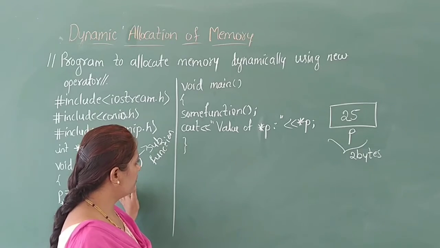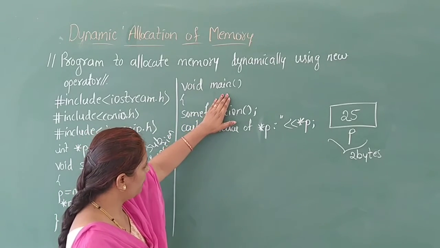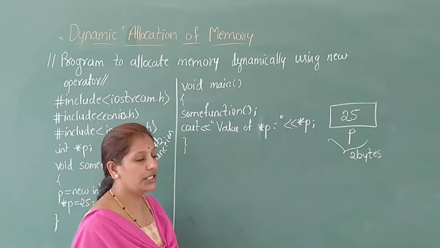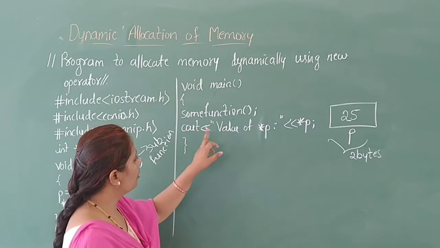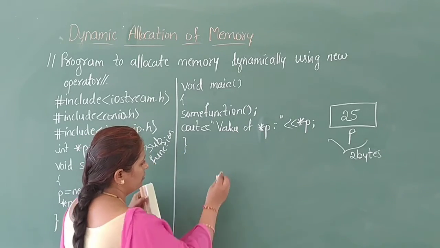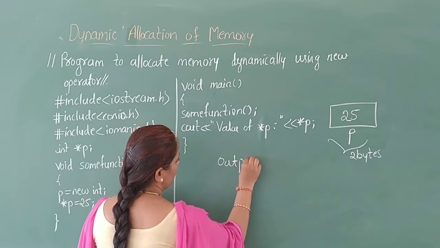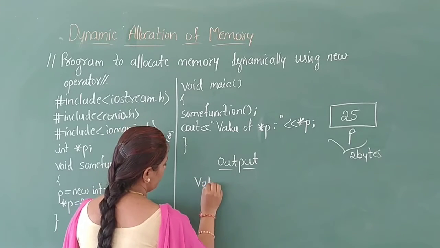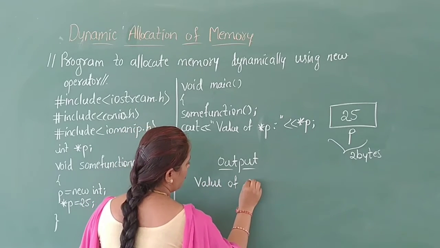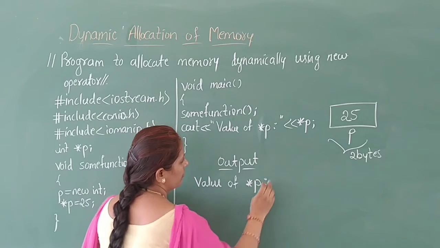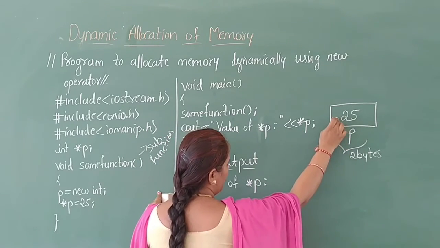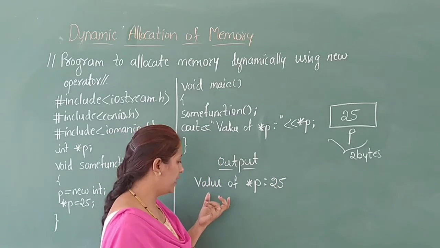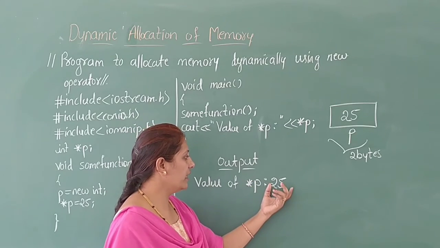Then this value is returned back to the main function, and control comes back to the main function, and the next executable statement is cout value of p. In the output screen, it displays the statement cout value of pointer variable p. The pointer variable p is holding the value 25, and it displays the value of pointer variable p as 25.